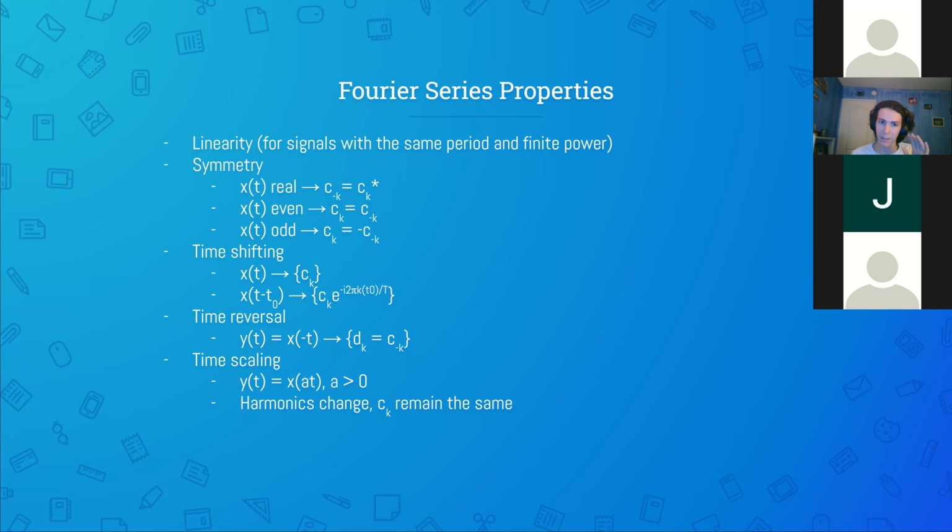If you have an even function, it's only built out of cosines. Your coefficients have to be the same because they're all coefficients of cosines. And a cosine is e to the i omega t plus e to the minus i omega t. So the coefficients of e to the i omega t and e to the minus i omega t are the same because it's the coefficient of the cosine that they make up.